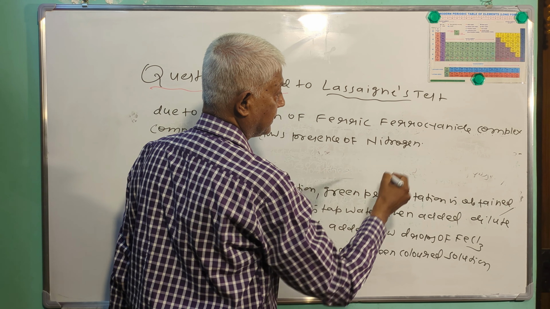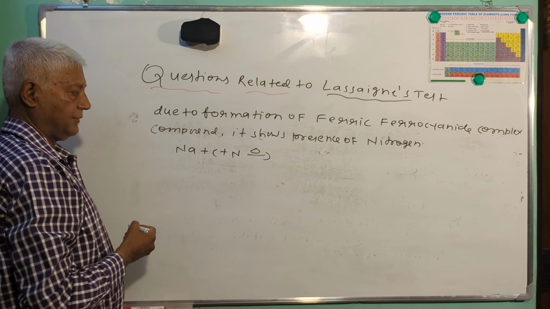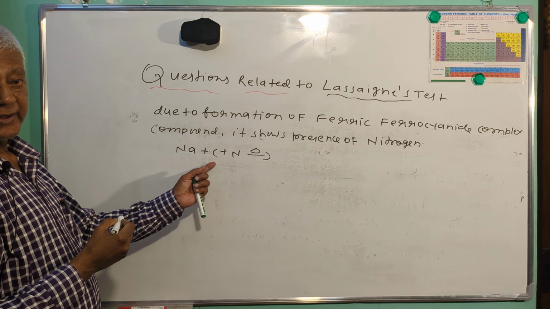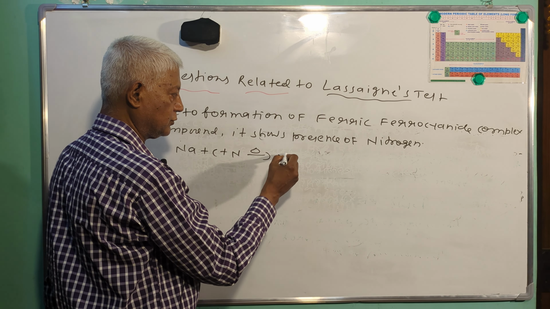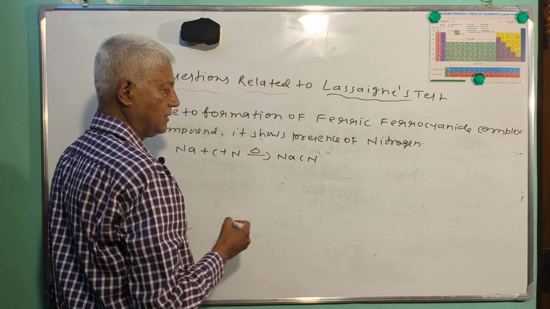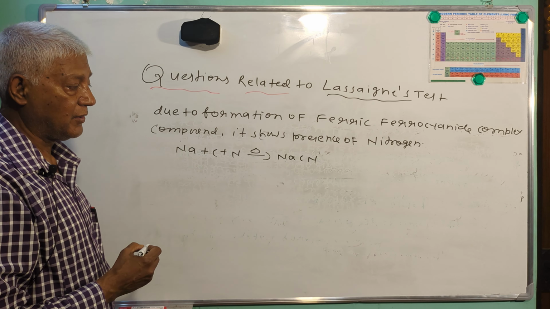So what is the reaction over here? At first, as I have already told you in the principle, sodium is fused with the organic compound, which may contain carbon and nitrogen. So what we have is sodium cyanide, an ionic compound.